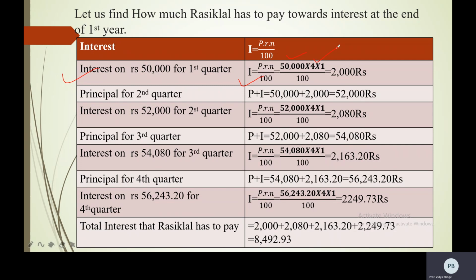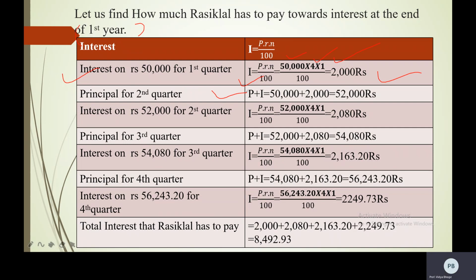Quarterly means we have to take R is equal to 4, and N is equal to 1. Here we have to calculate the interest at the end of the first year, so N is equal to 1. Firstly, Rasiklal has to pay the first interest on rupees 50,000. We get 2000.